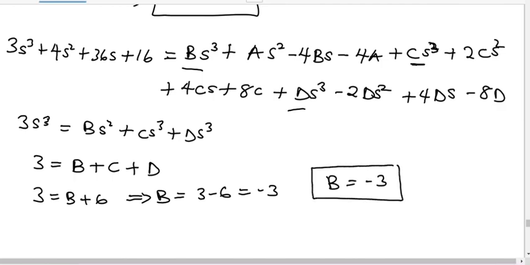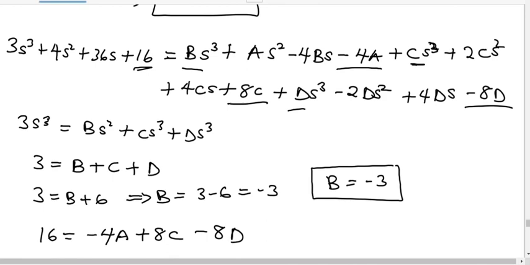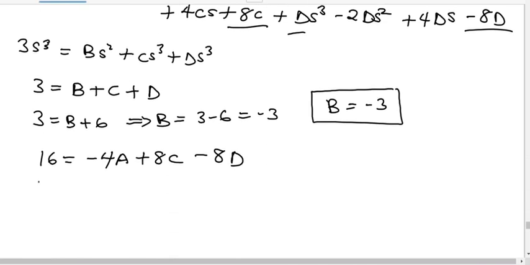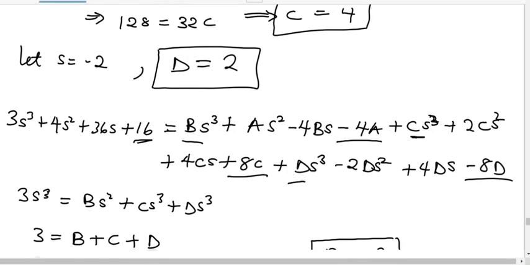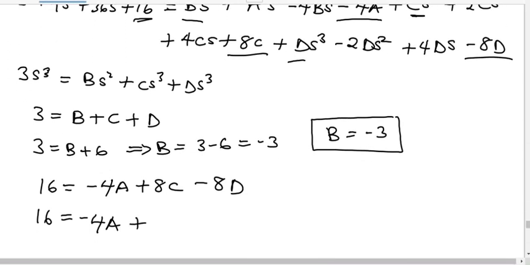So how do we find our a? We can find our a by comparing the constants. The constant here is 16. So we have 16 equals, what are the constants here? We have negative 4a, plus 8c, minus 8d. So this will be 16 equals negative 4a plus 8 times 4 minus 8d.